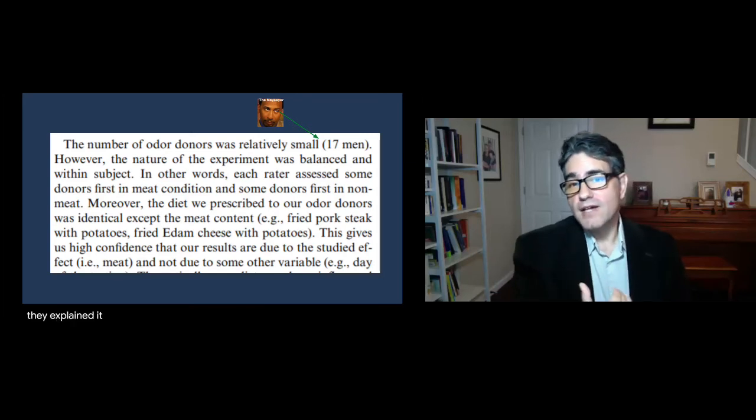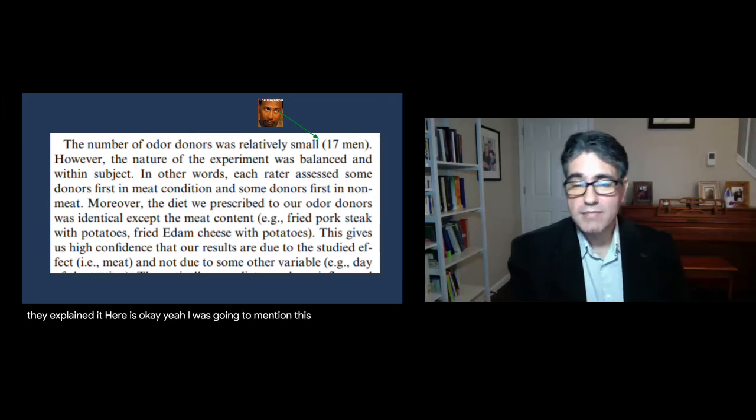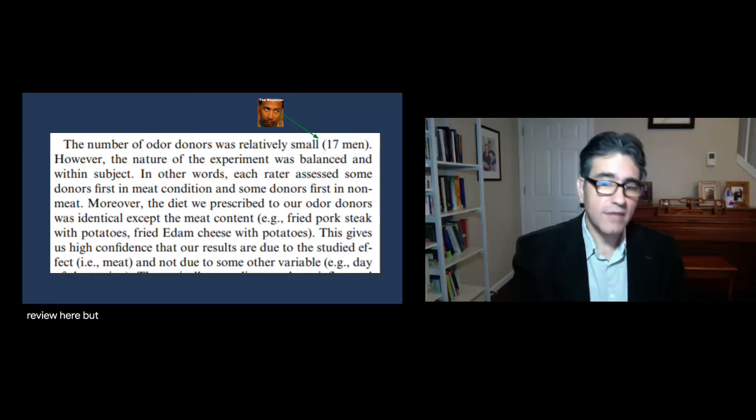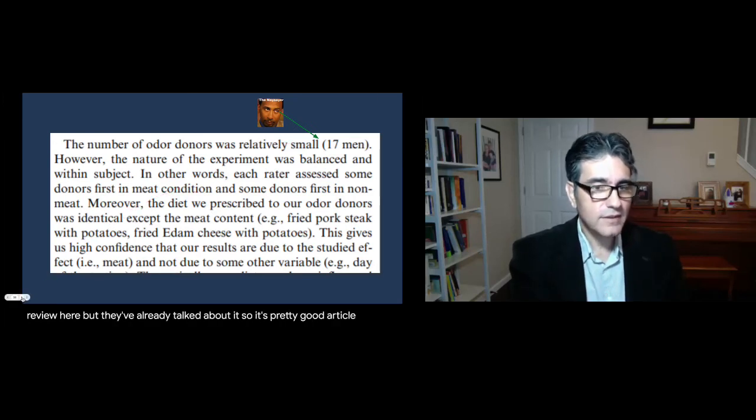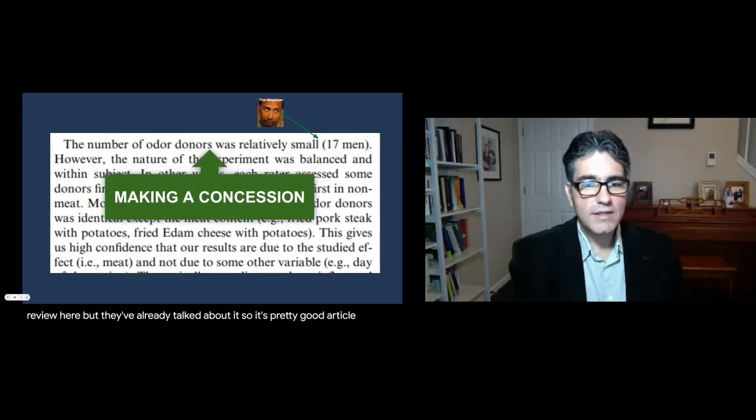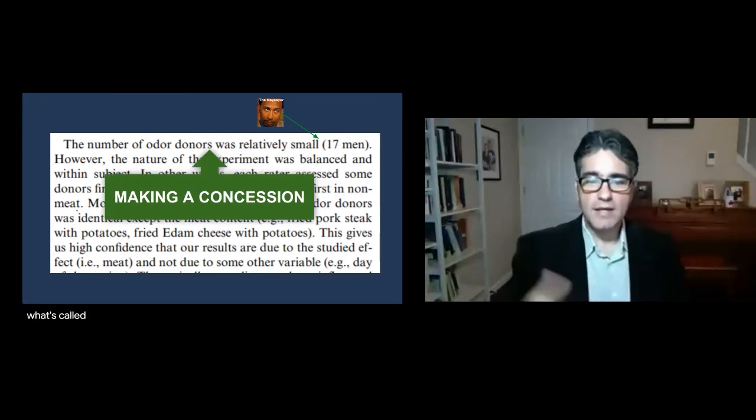The effect then on the naysayer is, okay, yeah, I was going to mention this in my critical review here, but they've already talked about it. So that's a pretty good article. This is what's called making a concession.